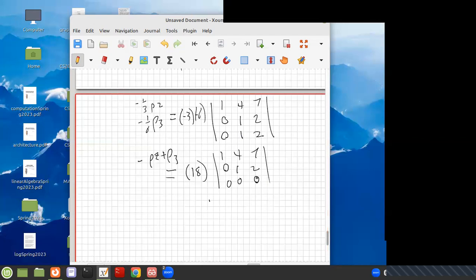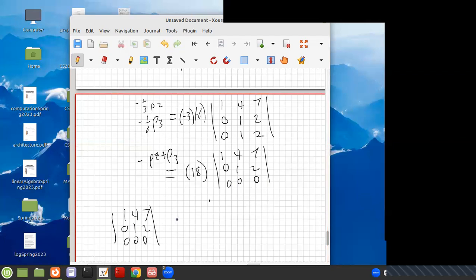Now, this 0 row is interesting because what I can do is look at this matrix here, 1, 4, 7, 0, 1, 2, 0, 0, 0.